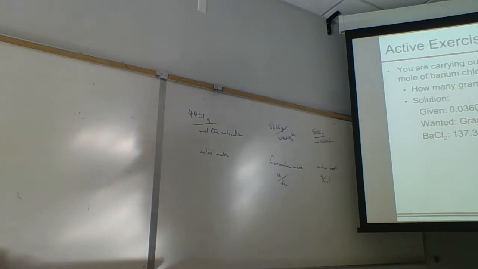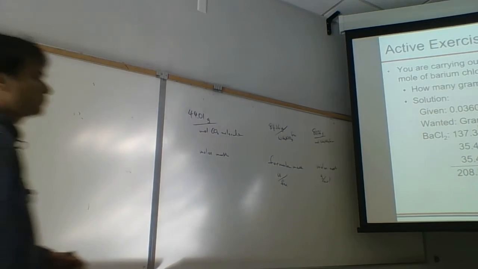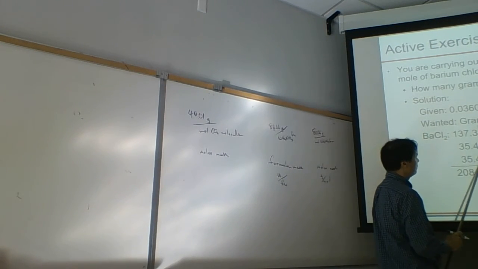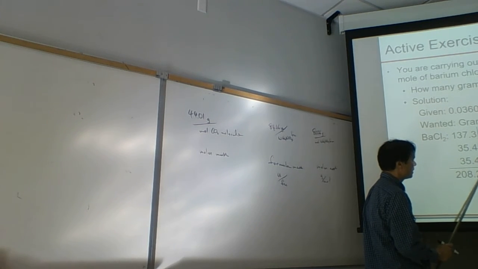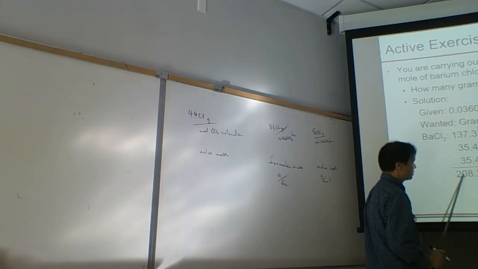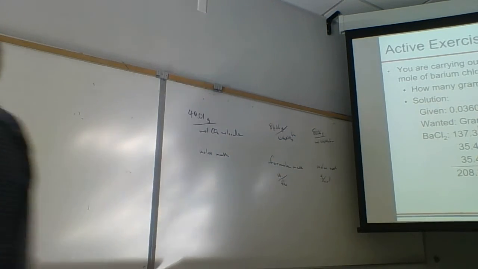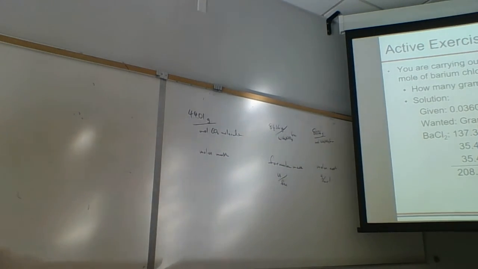So just leave it. They did 4 sig figs for barium, 4 sig figs for chlorines, and then they end up rounding it to the nearest 10. I have 5 sig figs, which is fine.